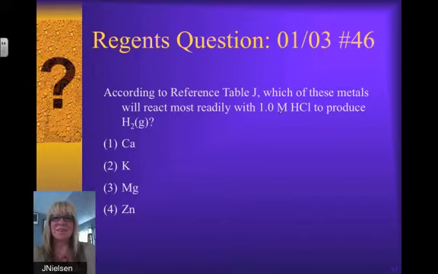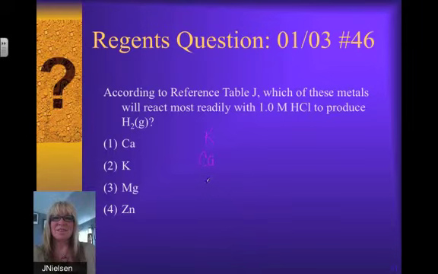So you should be looking at table J. I set mine to the side for a second. And in table J, we see, I believe, that potassium is highest. So when we rank them according to table J, you've got potassium on the top, followed by Ca.